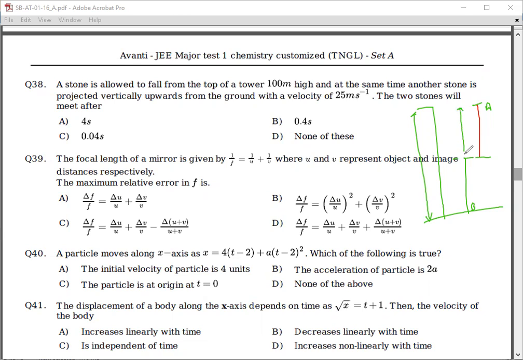Suppose this distance is x. So what will be this distance? Tell me. Total is 100. So if this is x, this is 100 minus x. Right? Yes. So time taken by A and B should be same. Agree. The time taken by A and B should be same.